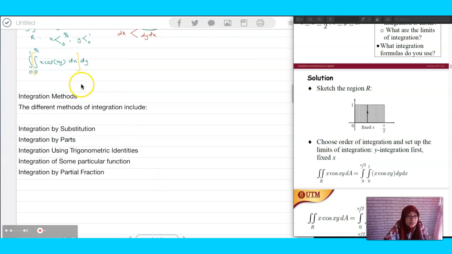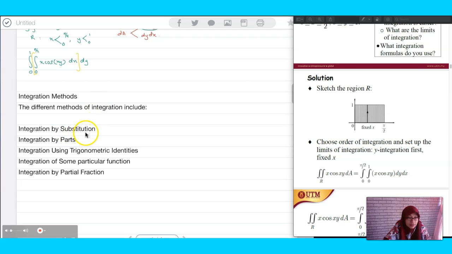Okay, before we proceed to integrate this particular integrand, just to have a quick revision on the integration methods. You have to implement all the integration methods that you have learned before this.